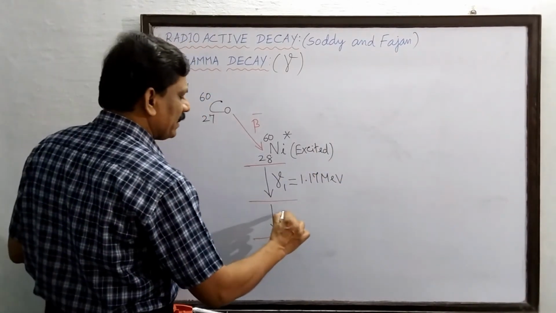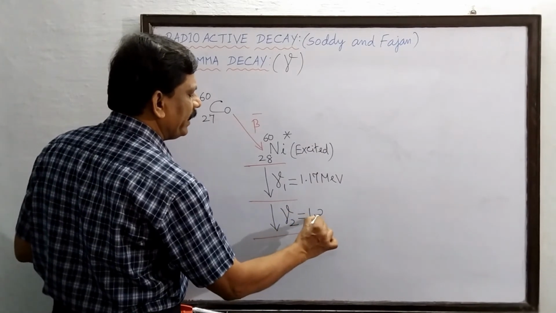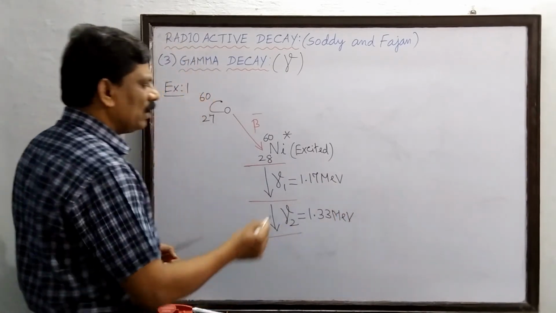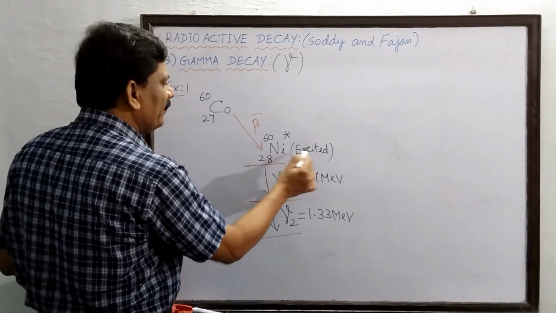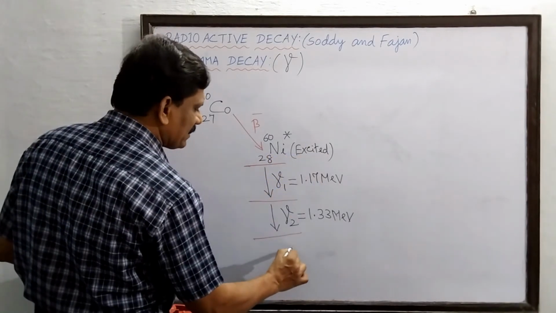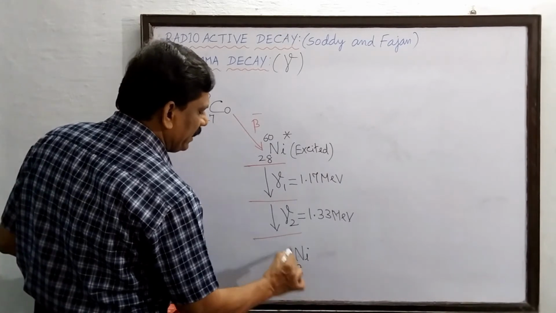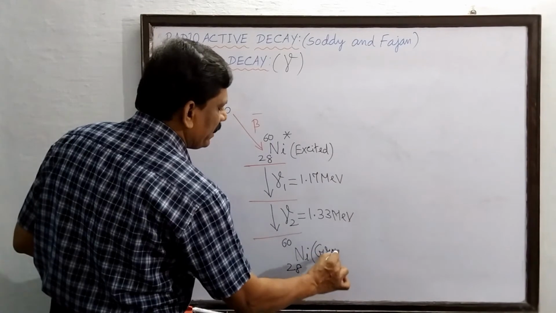And in the second transition, another photon it is emitting, equal to 1.33 million electron volt of energy. After emitting these 2 gamma ray photons, this nickel which was in the excited state has come to the ground state. So nickel 28, 60 has returned to the ground state.